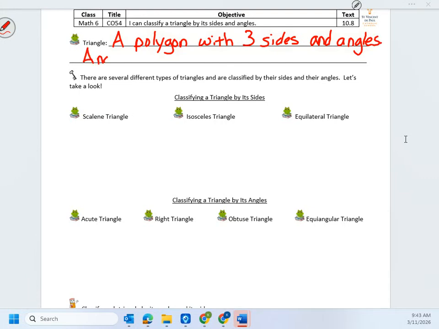Angles always sum to be 180 degrees. Okay. So it's a polygon, so that means all of the sides connect. There's no open side. They all connect. There are three sides, three angles.